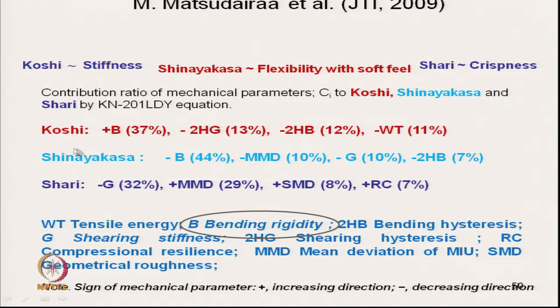Similarly, 2HG, 2HB and WT are negatively correlated with the Koshi. What is 2HG? 2HG is the shear hysteresis, and 2HB is the bending hysteresis. So, as the shear hysteresis or bending hysteresis increases, the Koshi value reduces.